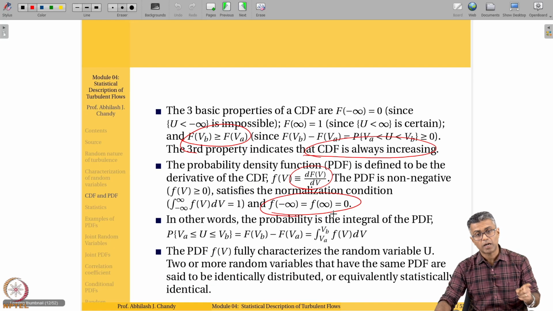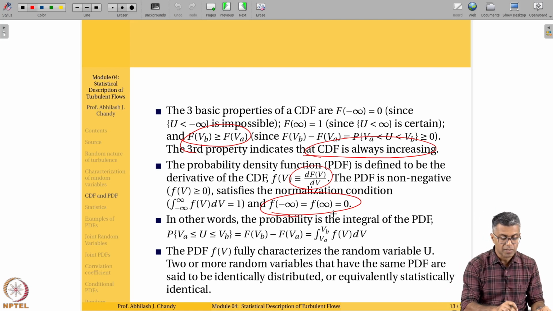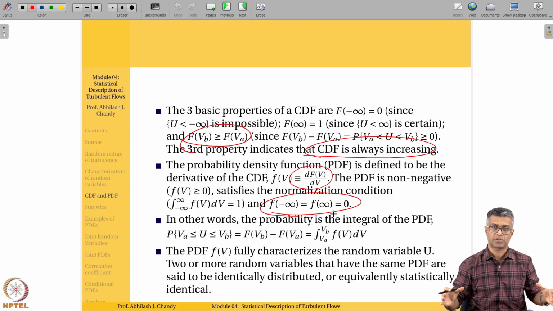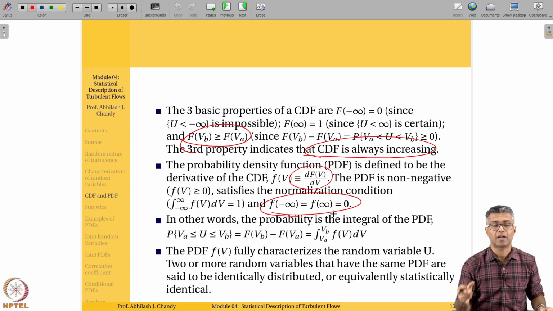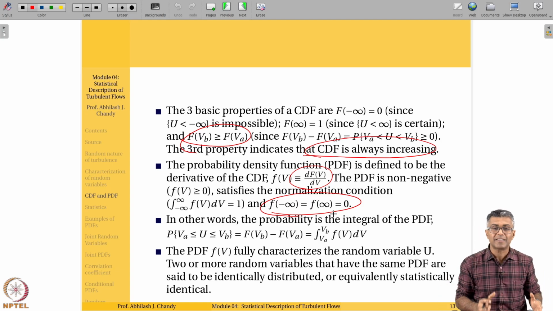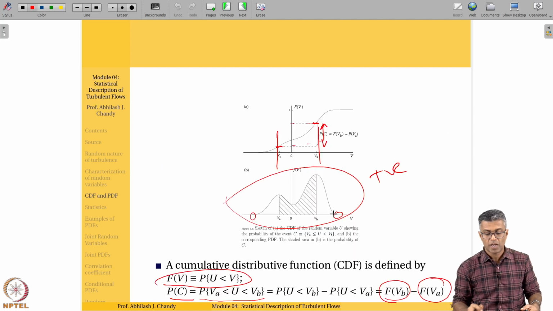In addition, there's one other rule for the PDF: the fact that it satisfies the normalization condition. So the integral from minus infinity to infinity of f(V) dV, you take the sum of all probabilities, isn't it? You take the sum of all probability density functions, it will come out to 1. That's because all the probabilities have to add up to 1, isn't it? So if you take an integral of your PDF, it comes out to be 1, because your CDF ends up at 1, right?